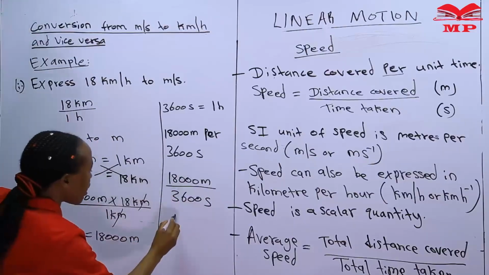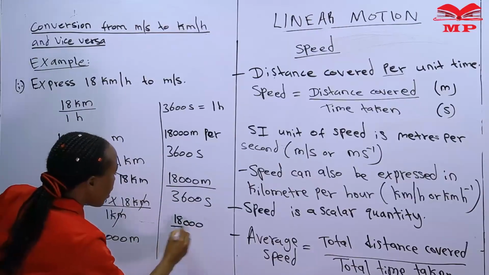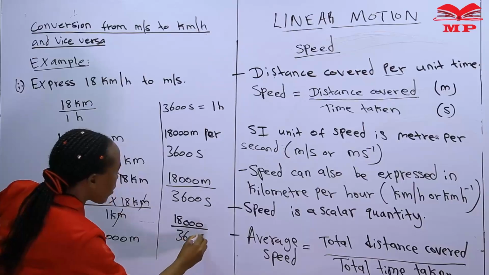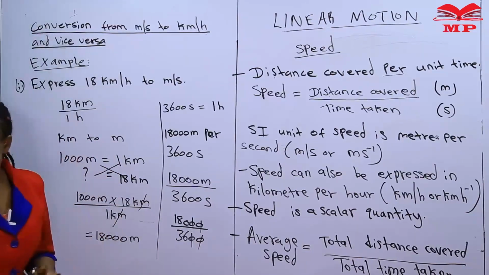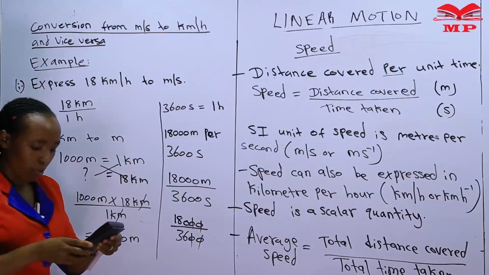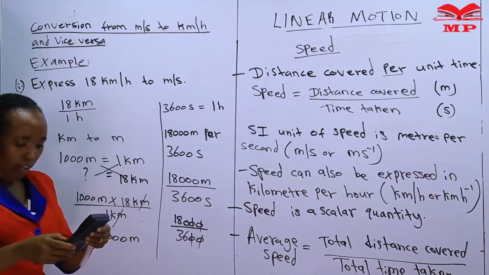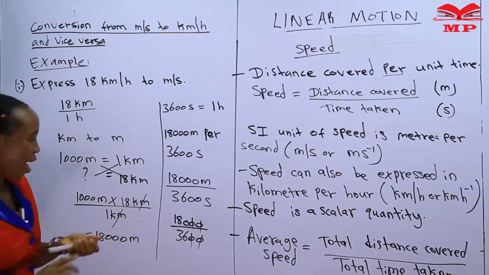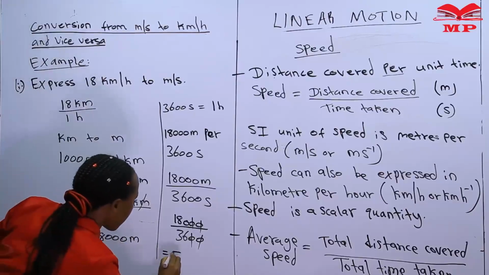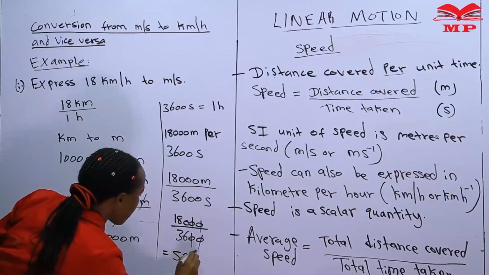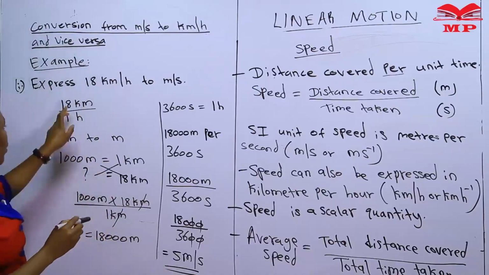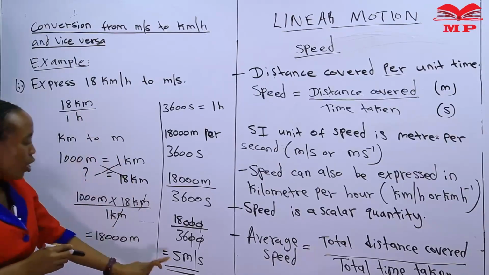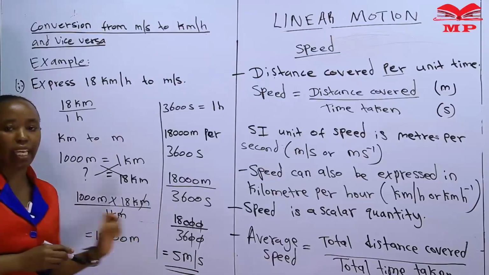So when you divide 18,000 by 3,600, we are going to have 180 divided by 36. 180 divided by 36, we have 5. So we end up getting 5 meters per second. So we have converted the 18 kilometers per hour into meters per second.